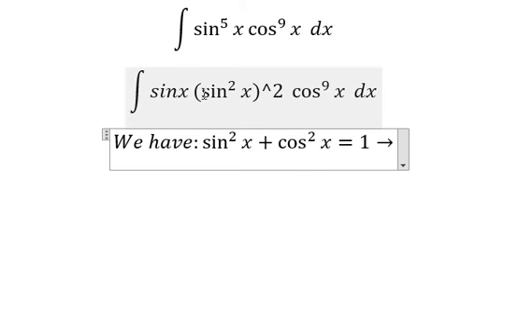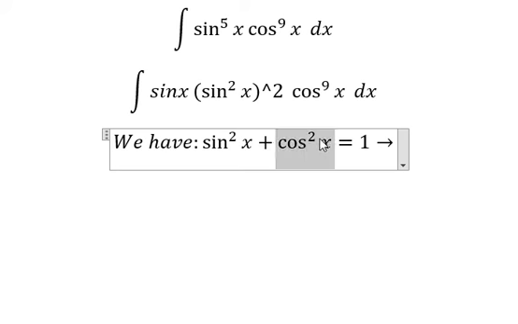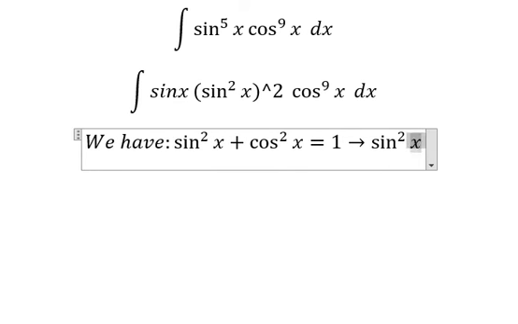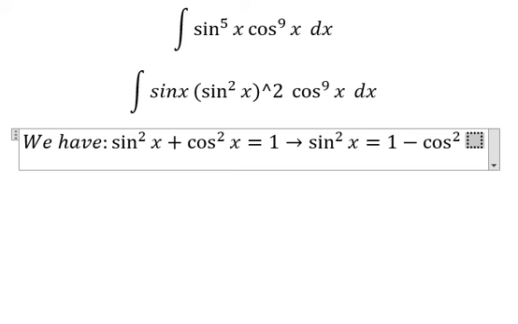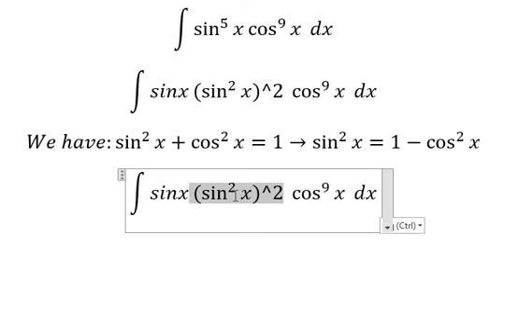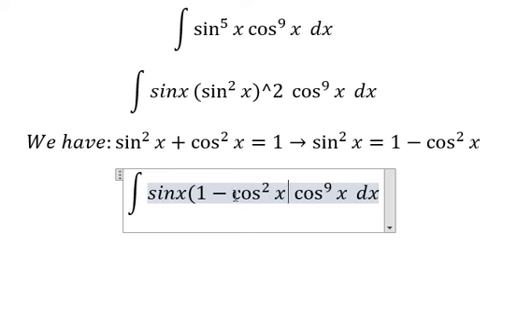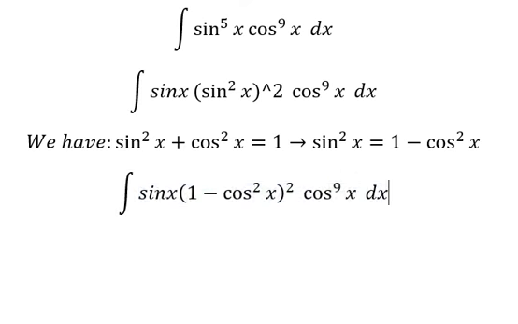So we have sin x square in here, and now I will move cosine x square to the right. So this one in here, we change by 1 minus cosine x square to the power of 2.